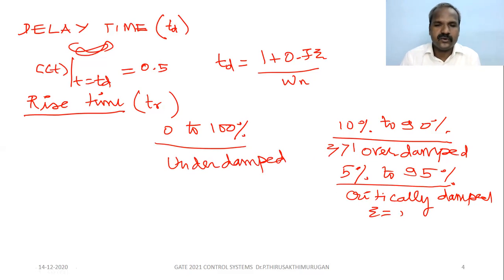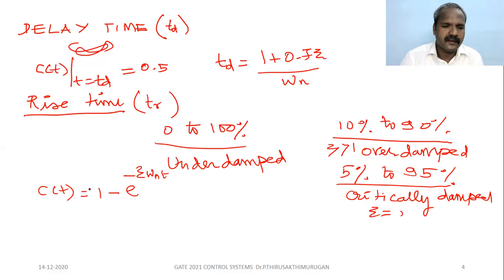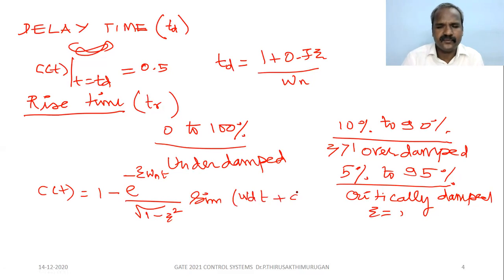So how do we find this rise time? We can derive it from C of t. C of t equal to 1 minus e to the power minus zeta omega n t divided by square root of 1 minus zeta square, sine of omega d t plus phi.